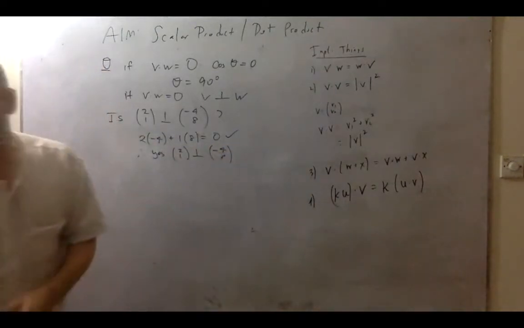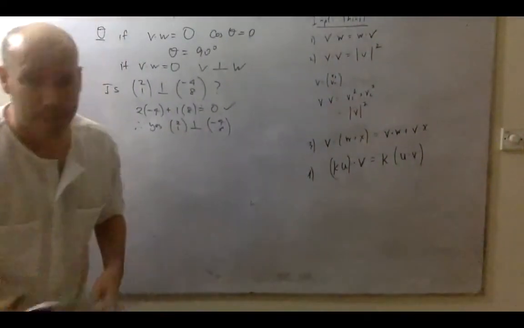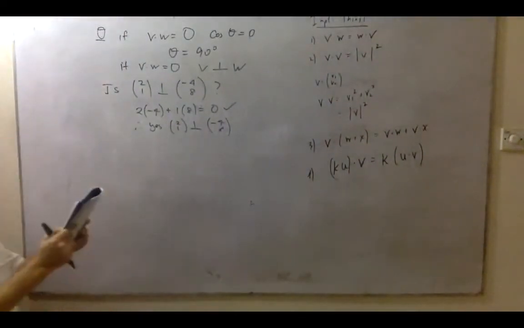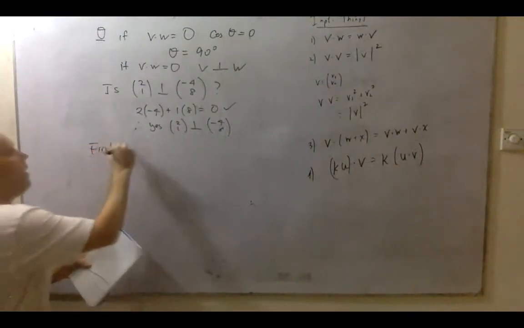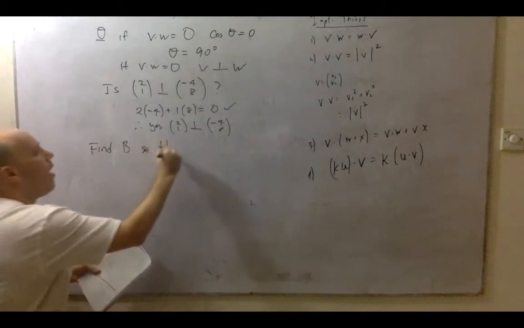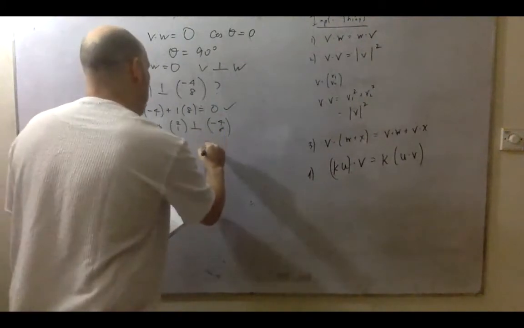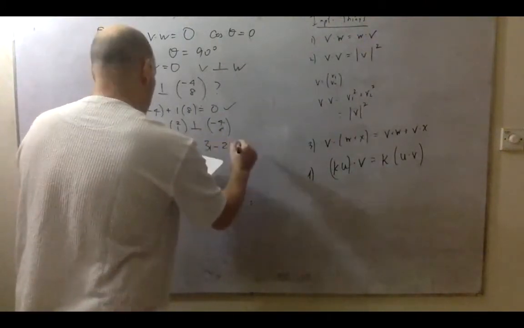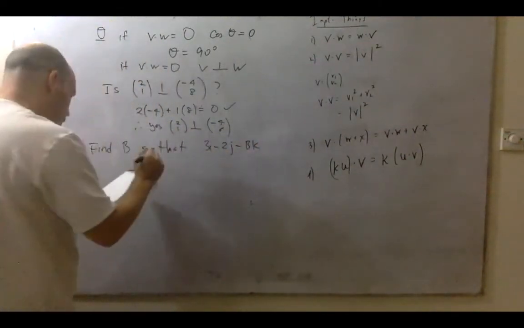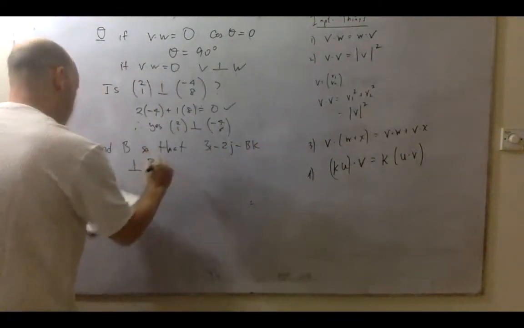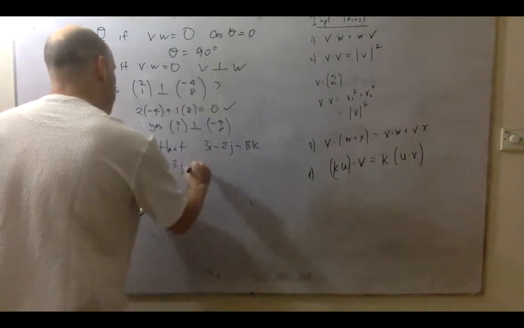And then they throw in these problems. This is probably a little more SL, but actually, they took this out of the SL curriculum this year. But it might show up. They might say, find b so that 3i minus 2j minus bk is perpendicular to bi plus 3j plus 7k.